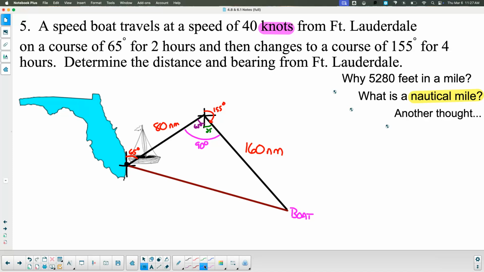Now that we have a right triangle, can we find the distance? How am I going to find the distance? Pythagorean theorem. So the distance squared is going to be 80 squared plus 160 squared.